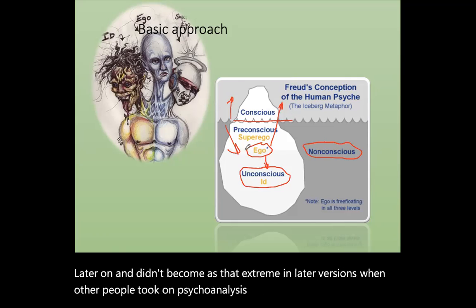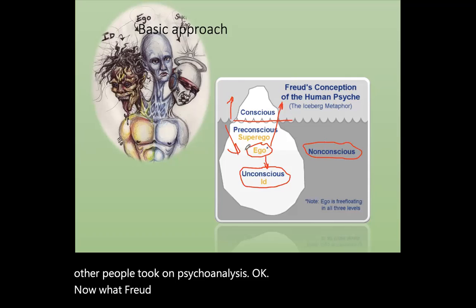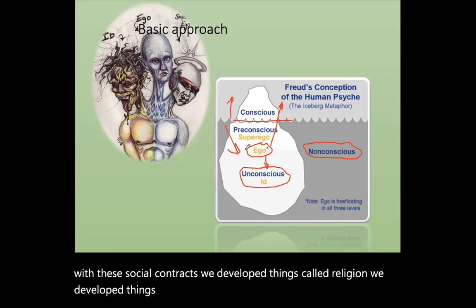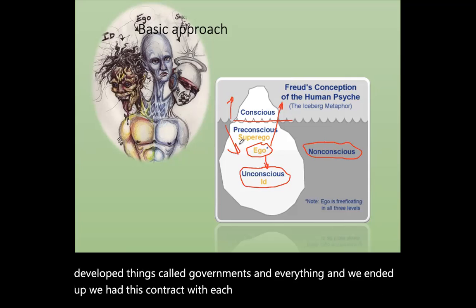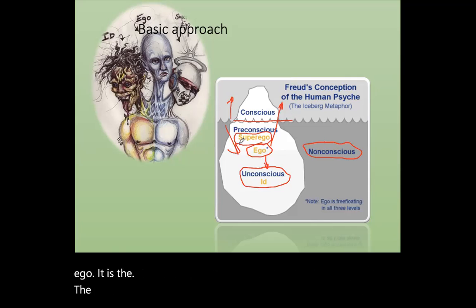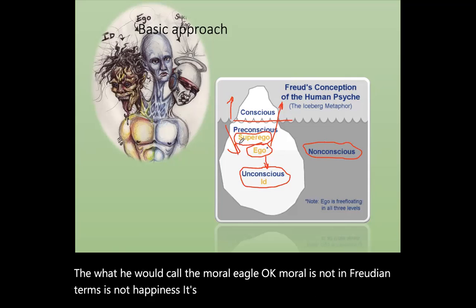Okay. Now, what Freud also argued is that as humans evolved and we came up with these social contracts, we developed things called religion, we developed things called governments, and we had this contract with each other. He argued that the ego and the id developed the superego. And the superego is the perfection ego. It is what he would call the moral ego. Okay. Now, moral, in Freudian terms, is not happiness. It's not doing what's good.